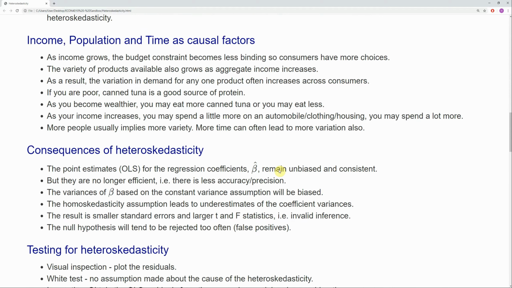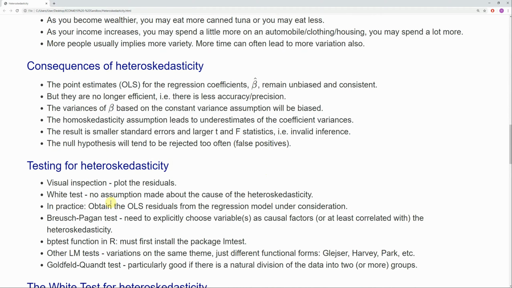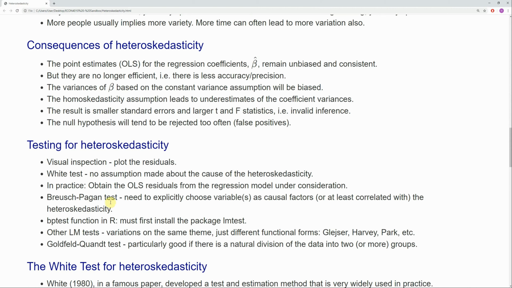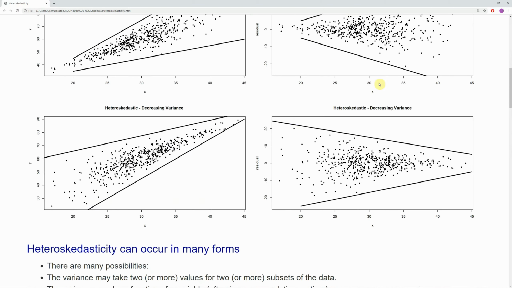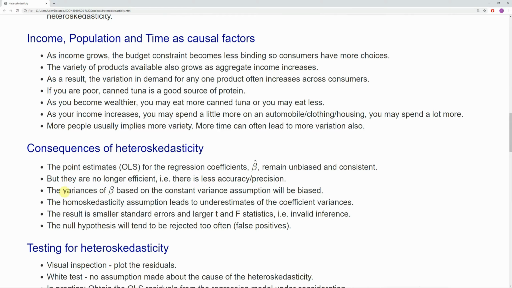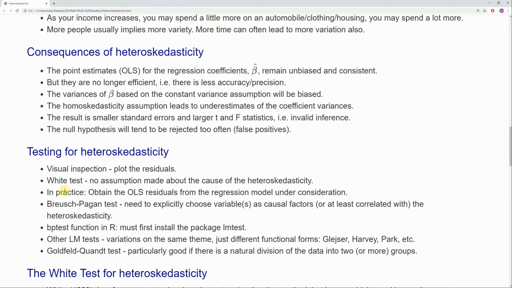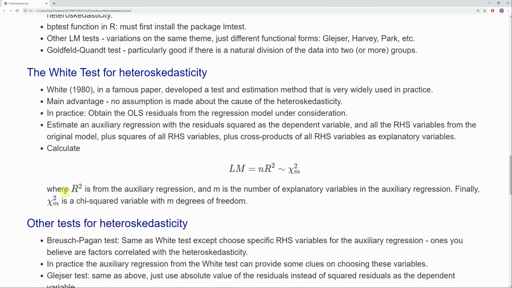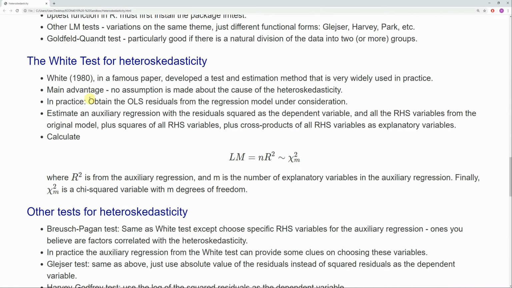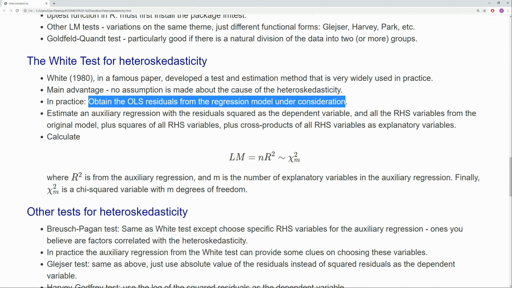So in order to do that in practice, he first needs to run the first model. From the first model, get the residuals, that is, get all the residuals from the regression model that is the main regression model that we are studying, where we want to see if we have a case of heteroskedasticity.